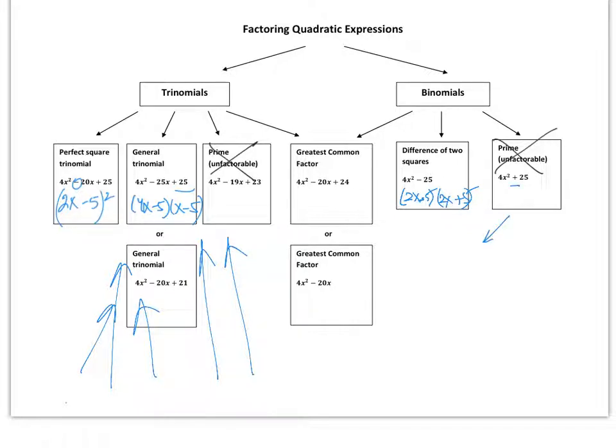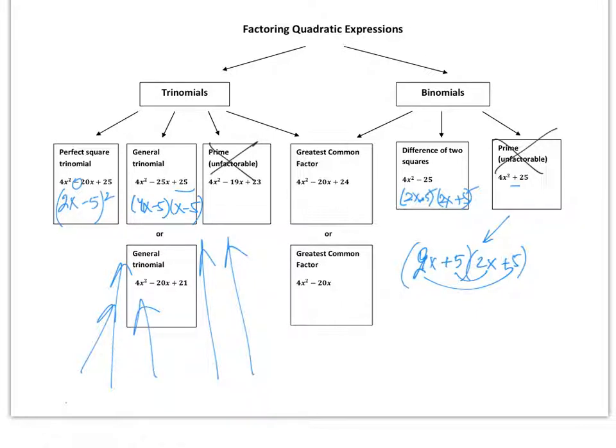Some people try this. Oh, it's a sum, so let's just do 2x plus 5 times 2x plus 5. No, it's not going to work because that's a perfect square and you will end up with a double product in the middle. That's it. There are no more options. You cannot factor this. Just remember.